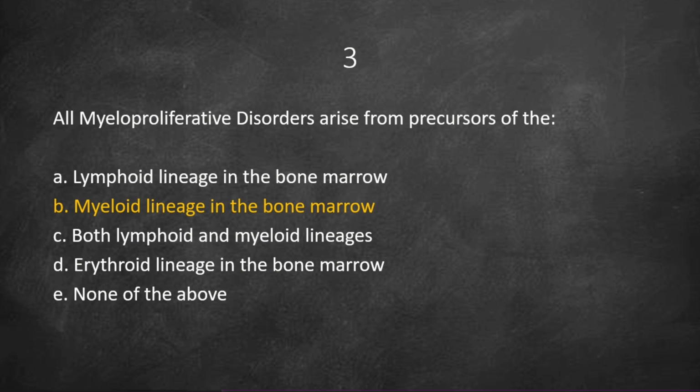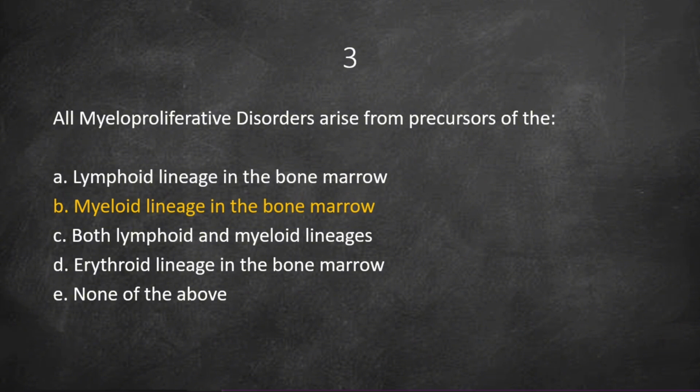Examples include chronic myeloid leukemia, polycythemia vera, essential thrombocythemia, and primary myelofibrosis. These are all myeloproliferative disorders. They result in overproduction of blood cells, and it's a cancer. So the answer here is the myeloid lineage. They arise from the myeloid lineage in the bone marrow.